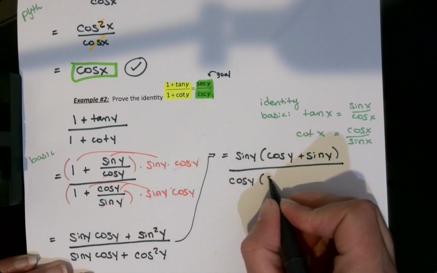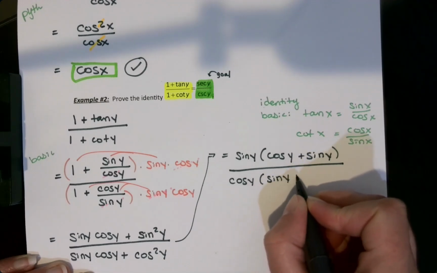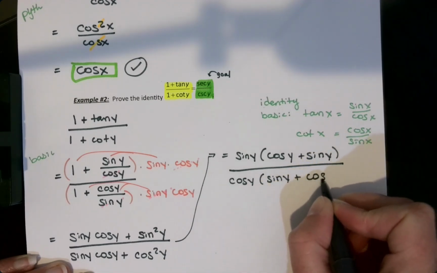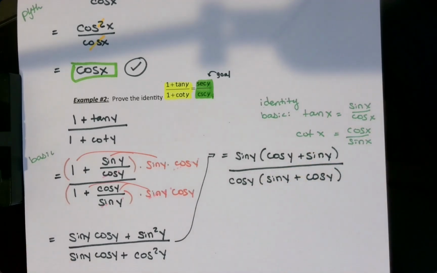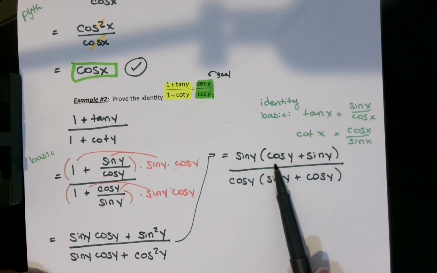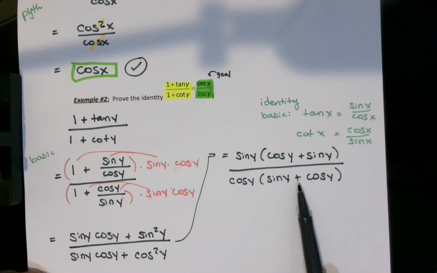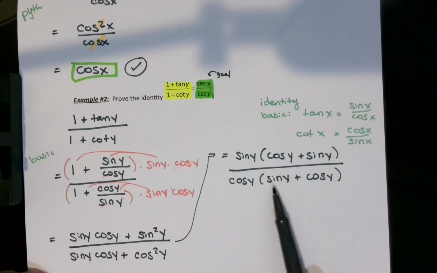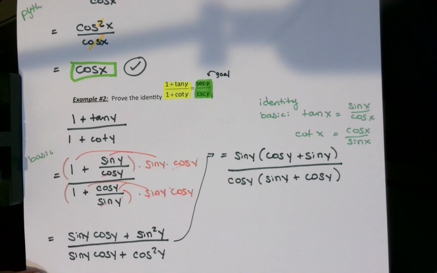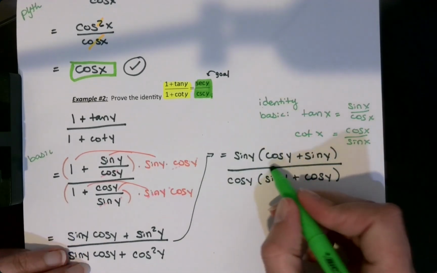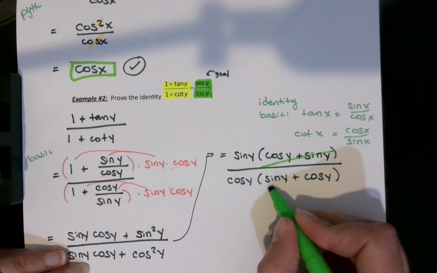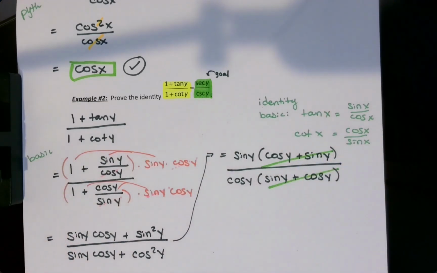And I would have a sine of y plus a cosine of y left if I were to factor that out. The binomial cosine of y plus sine of y and sine of y plus cosine of y, they're additions. So the order doesn't matter since they're both plus. So those are the same, and that is going to reduce. Cosine of y over sine of y is going to reduce with the sine of y plus cosine of y.